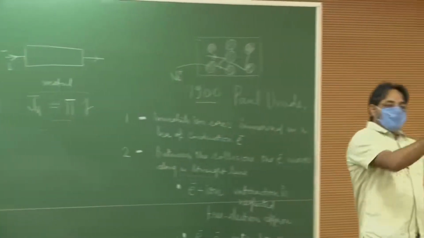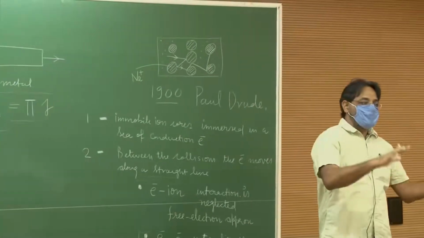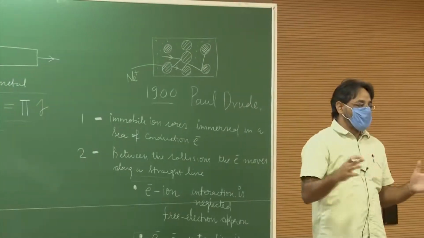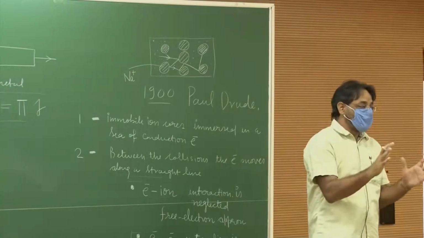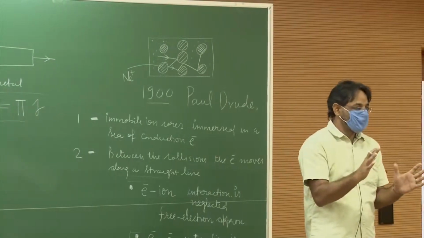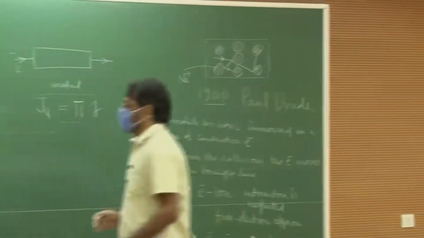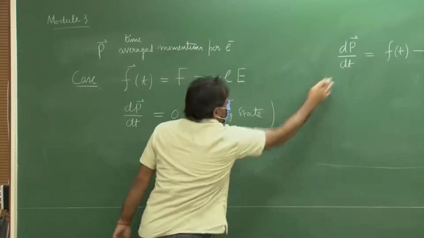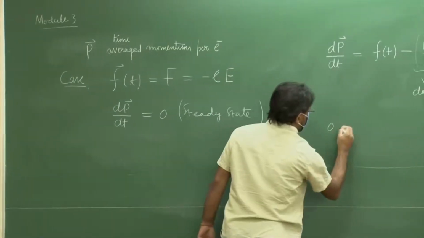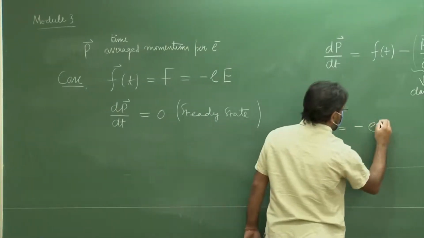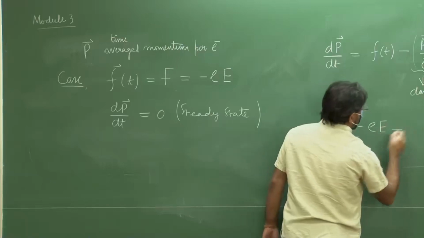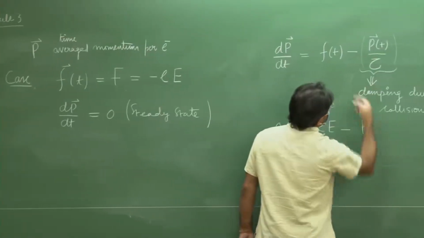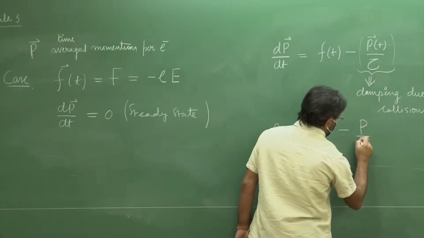But the force field has superimposed an additional average velocity along the x direction alone, isn't it? That is the average. So therefore, what would you get? You will get 0 is equal to minus E minus P. Now I am throwing away the vector notation, tau.